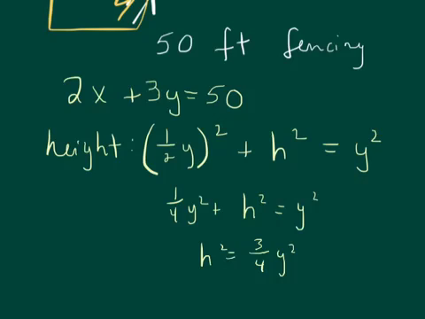Square rooting both sides, the height of this triangle turns out to be √3/2 y. That's the dimension for the height of the triangle. The square root of 3, you just leave it. The square root of 4 becomes a 2. The square root of y squared becomes a y. So this would be the height in this kind of a problem.